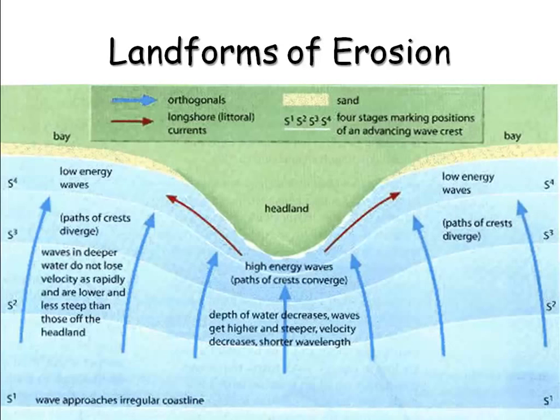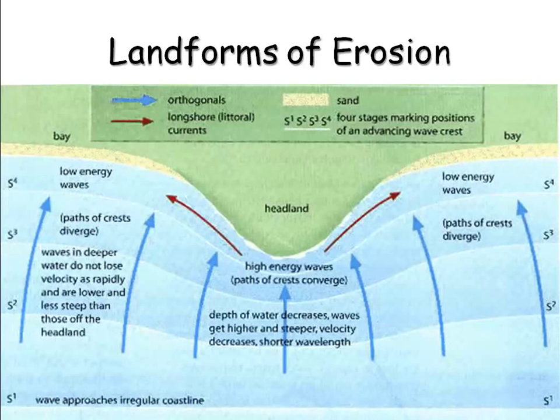The result is much higher energy concentrated across a smaller area, whereas in the bays either side of the headland, the paths of the crests actually diverge. You end up with much lower energy waves by the time they reach the back of the bay. The result of that is obviously less erosion.